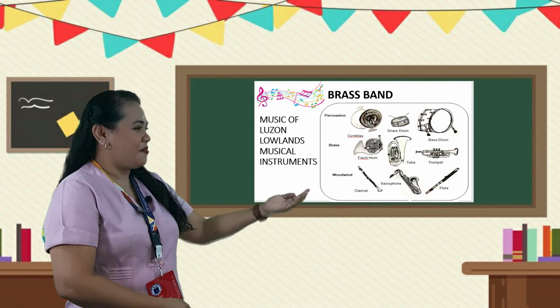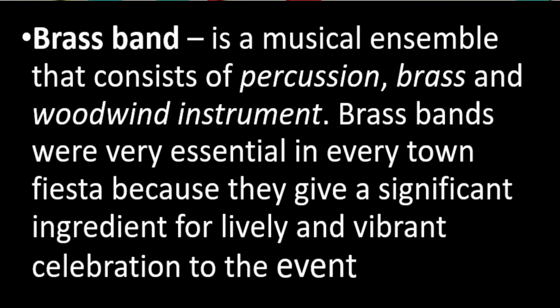Next, we have the brass band. Brass band is a musical ensemble that consists of percussion, brass, and woodwind instruments. Brass bands were very essential in every town fiesta because they give a significant ingredient for lively and vibrant celebration to the event.